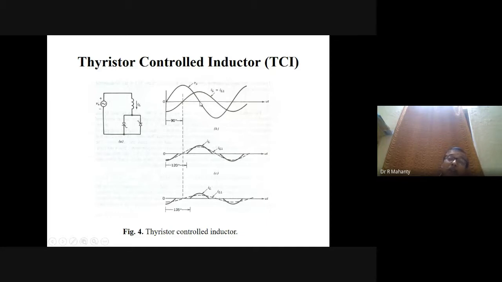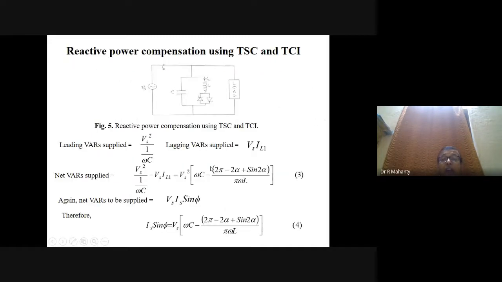If you measure this current at the zero crossing of the voltage, this gives you the value of Is sine phi, and from this value of Is sine phi, equation number 4 will give you the value of alpha for the unity power factor condition. And if you turn on the thyristors at this particular value of alpha, this will give you a unity power factor condition. Okay, so this is how the reactive power is controlled using thyristor switched capacitors and thyristor controlled inductor.